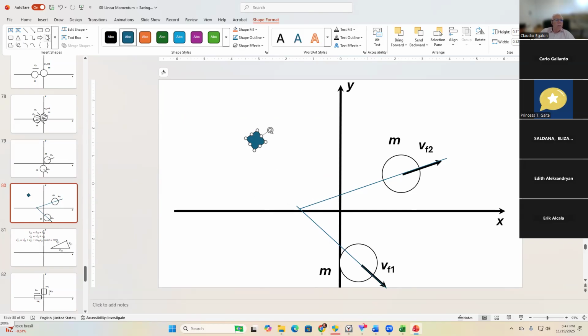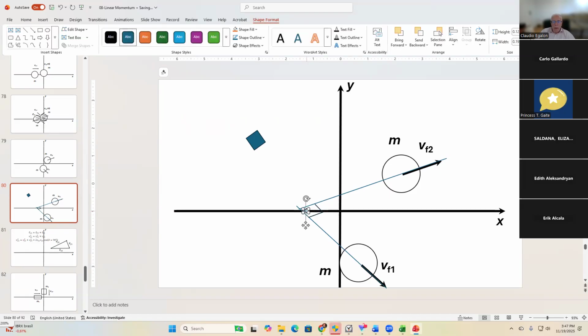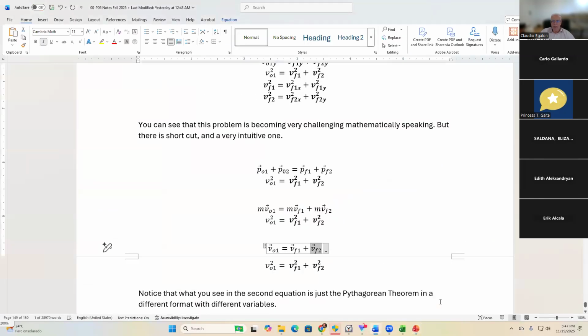It doesn't look like 90 degrees, but it's supposed to be 90 degrees. It's just the drawing that is incorrect. Okay, 90 degrees, and put it right here. The angle between VF1 and VF2 is 90 degrees.